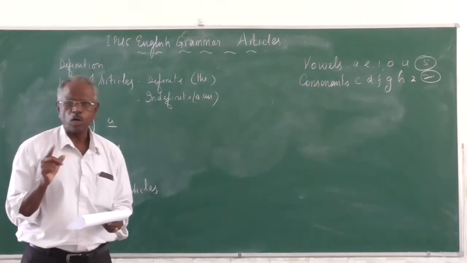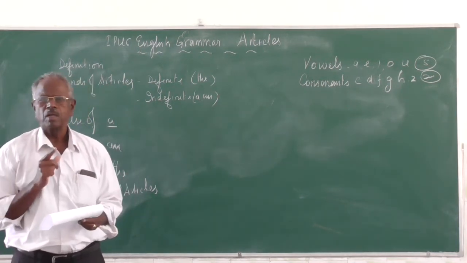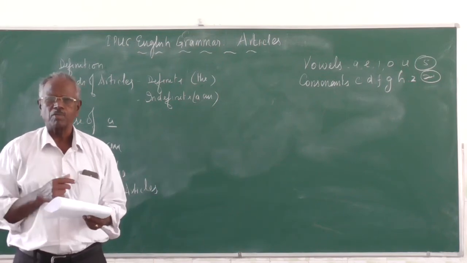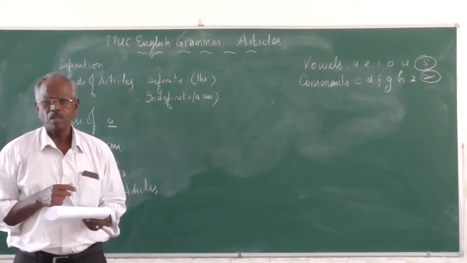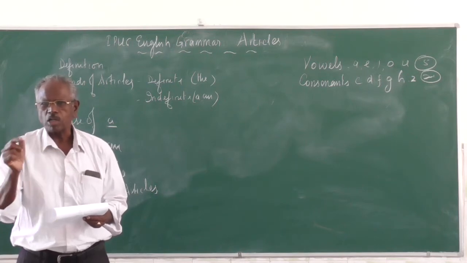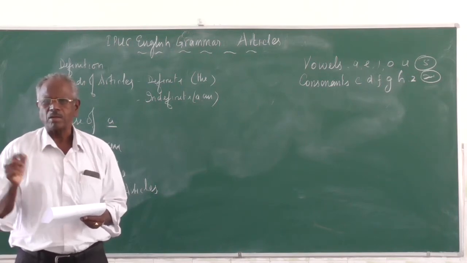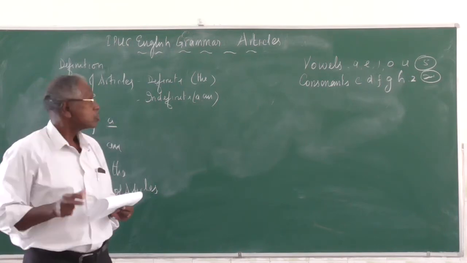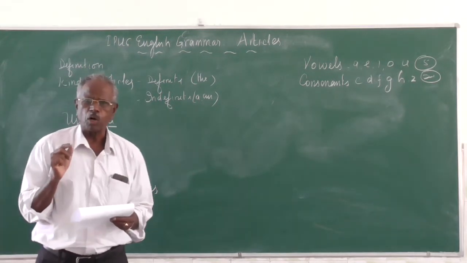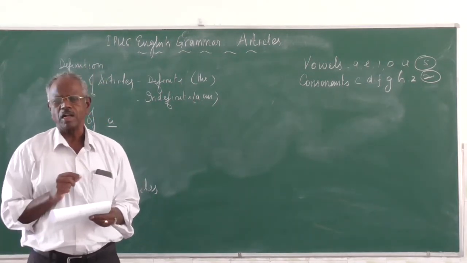And a is used only for countable nouns. You know, there are two types of nouns, countable, uncountable. For example, you cannot say a water, you cannot say a milk, but you can say a water bottle, a milk can. That is countable. So, number one is a is used before a word beginning with a consonant.